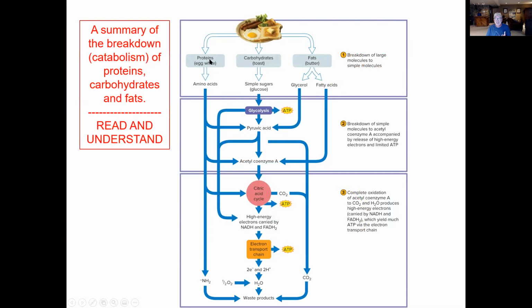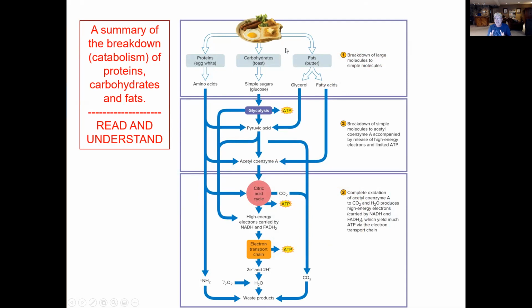We have proteins in the egg white and in the yolk. We've got carbohydrates, certainly in the toast. If we put some strawberry jelly on there, there's more sugar, more carbohydrate. And we've also got fats in our breakfast sausage, tons of fat, right? And also in the butter.